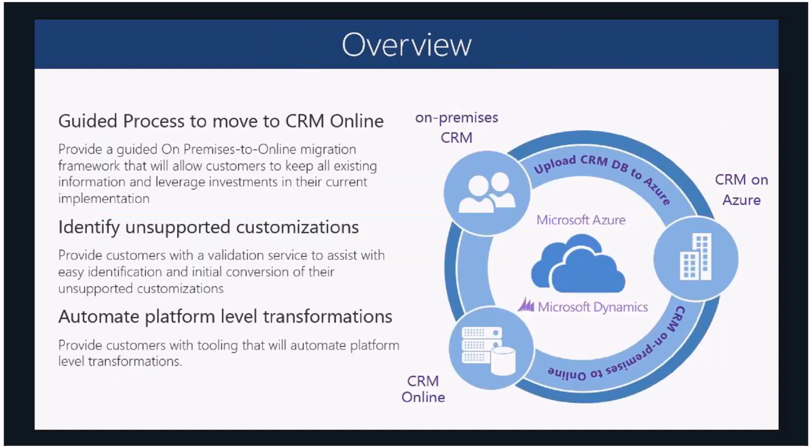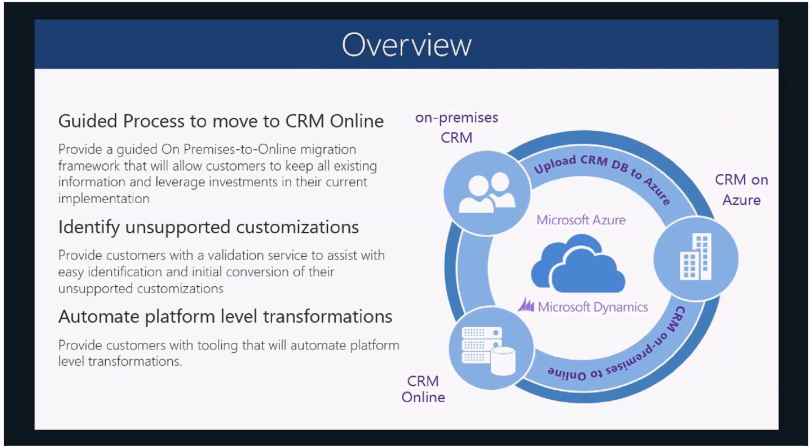As you can see, it's a guided process to move from on-premise to online. You have different steps with detailed information on how to execute from stage A to stage B, where you finally migrate over to online.